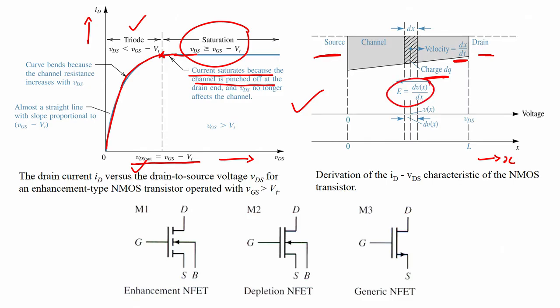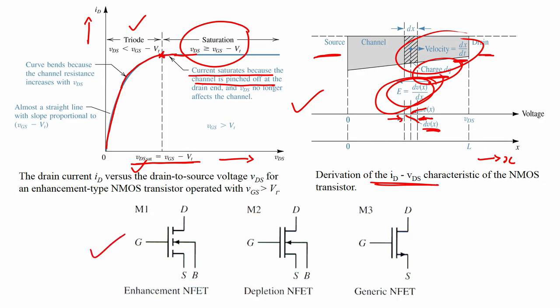My E will be nothing but dVx by dx, where this is my voltage Vx, and this will be my dVx. If I want to draw the voltage plot and see how the channel is formed, I can find the velocity, the charge, and the electric field, and that is how we can derive the ID versus VDS characteristics of a MOSFET.